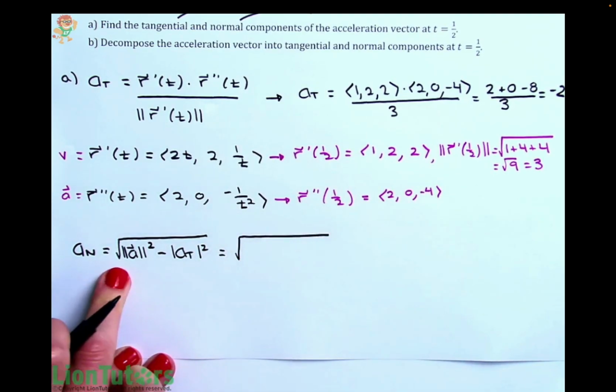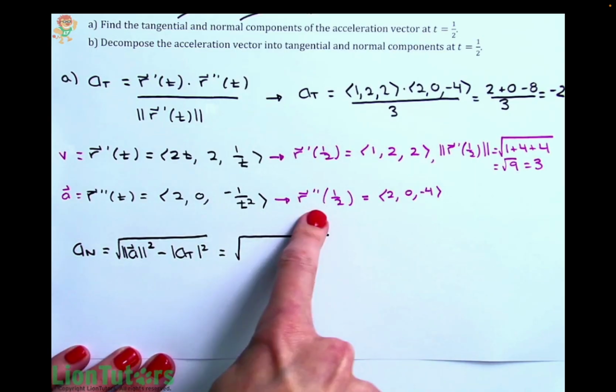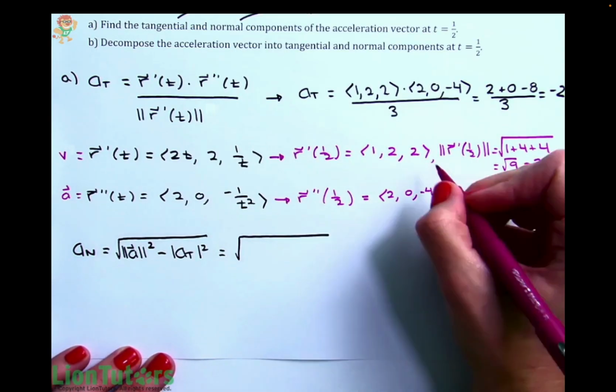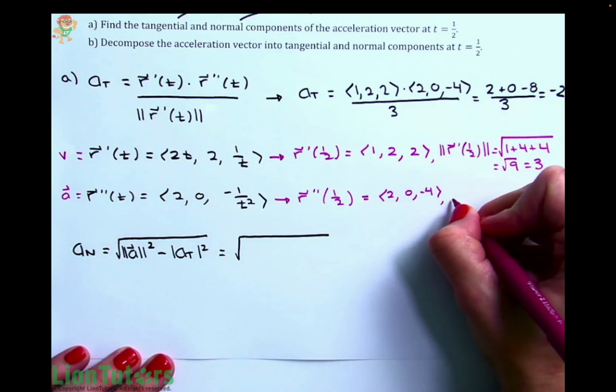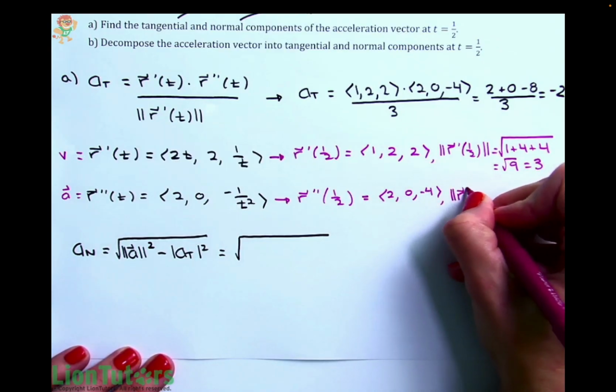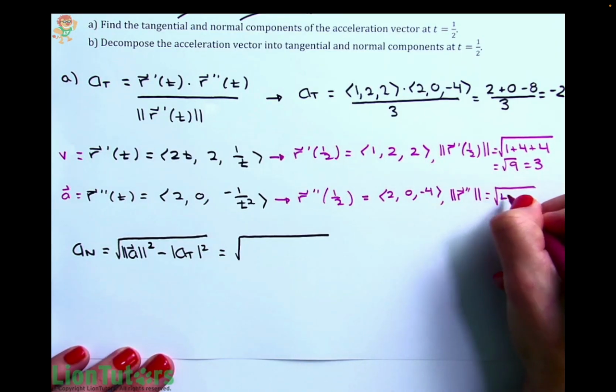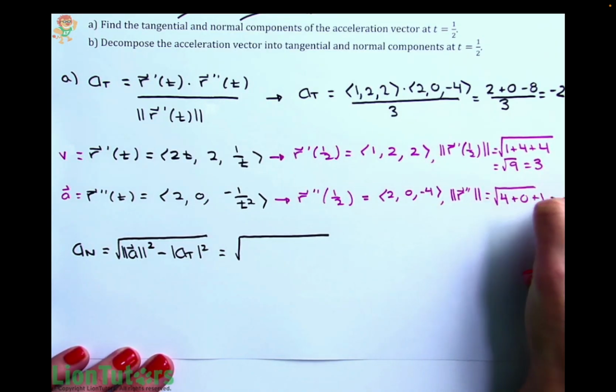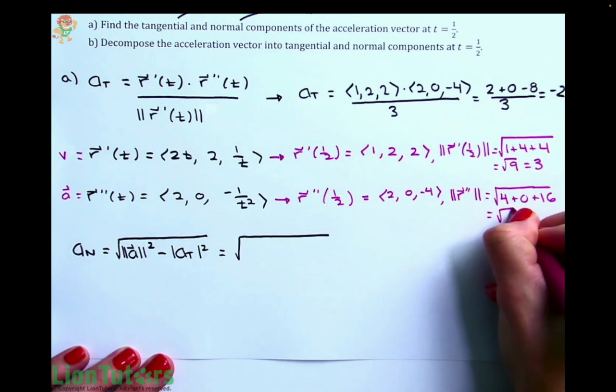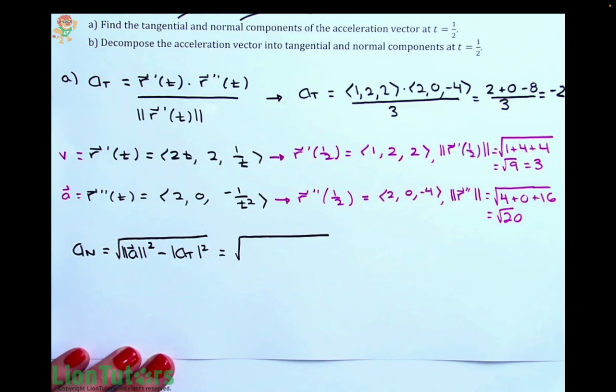So overall, we already know the acceleration vector, that r double prime. We never computed its magnitude though, so let's go ahead and do that. The magnitude of r double prime is going to be the square root of 2 squared plus 0 squared plus negative 4 squared. So that would be root 20.